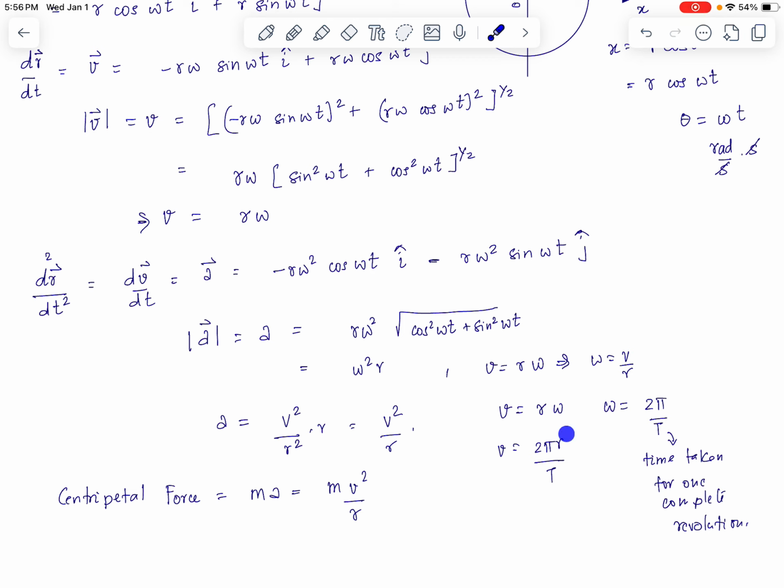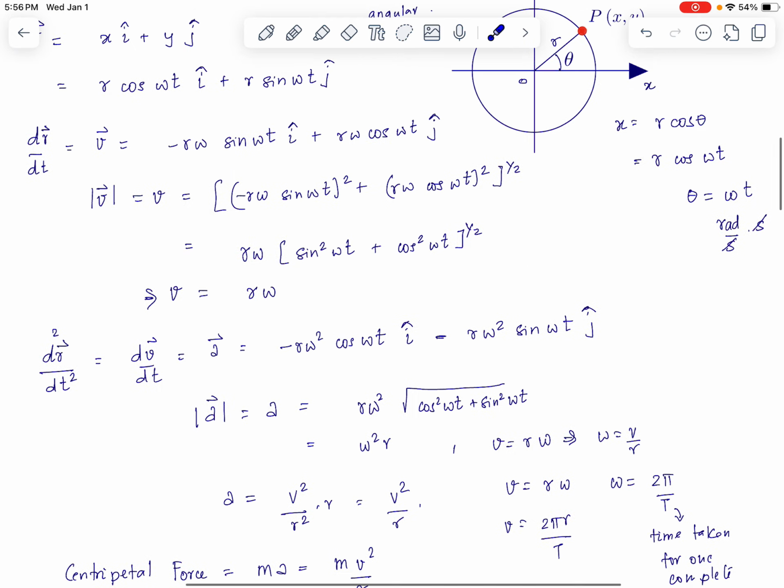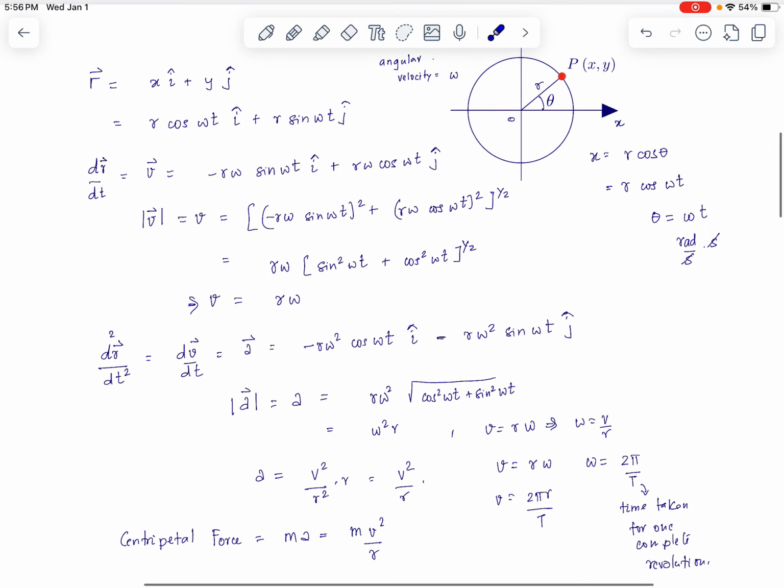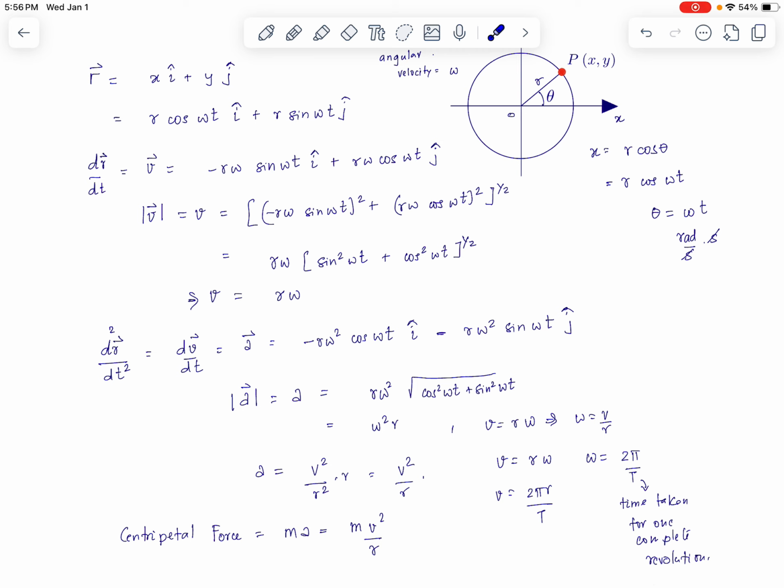So the distance divided by time gives you linear velocity. All these equations are self-consistent. I hope we understand how to derive these expressions for the linear velocity and the centripetal force from scratch.